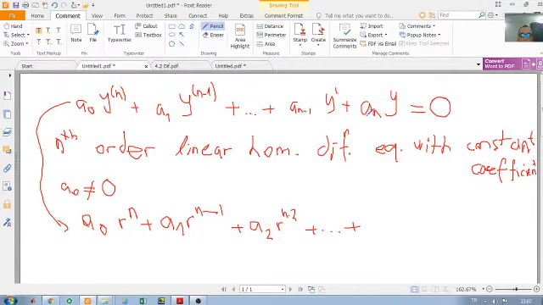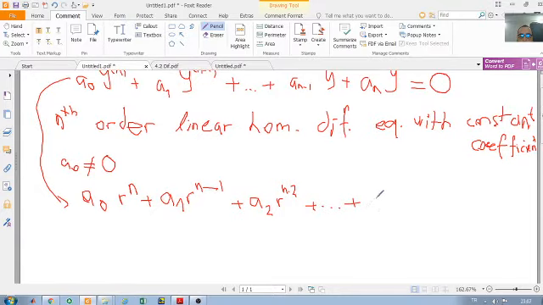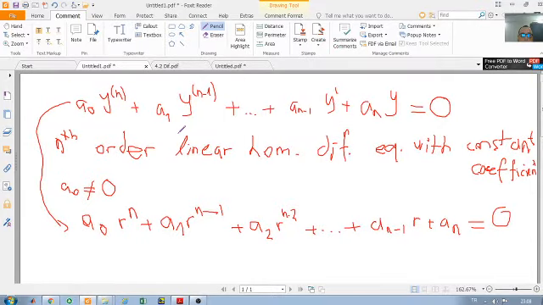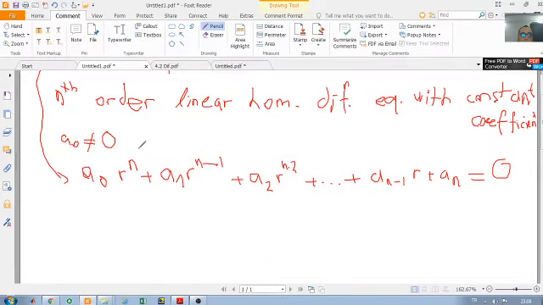When we consider the last two terms, we write a(n-1) r plus a n equal to 0. So here we should find the roots of this characteristic polynomial of the linear homogeneous differential equation, and then according to the type of the roots we will write the general solution.